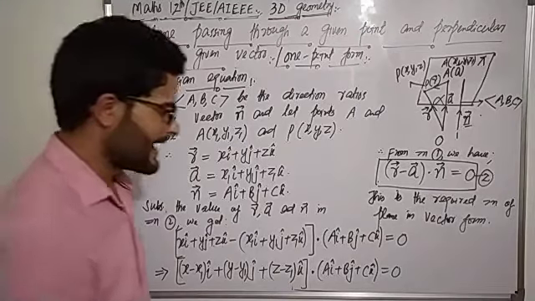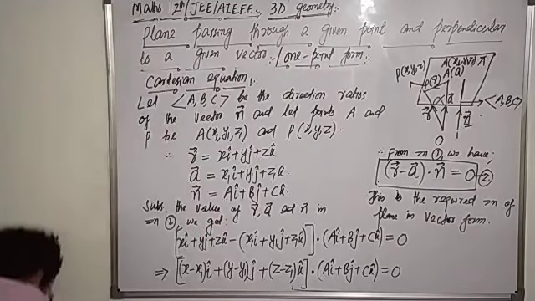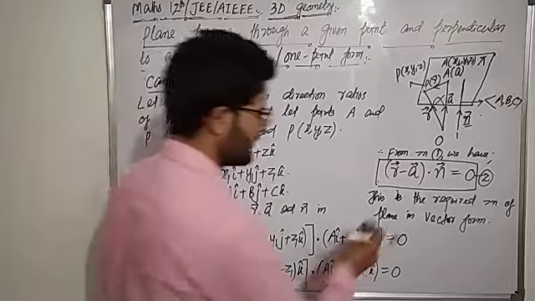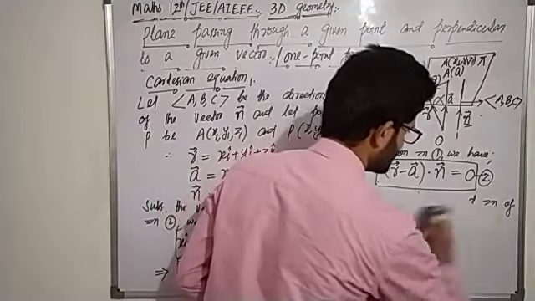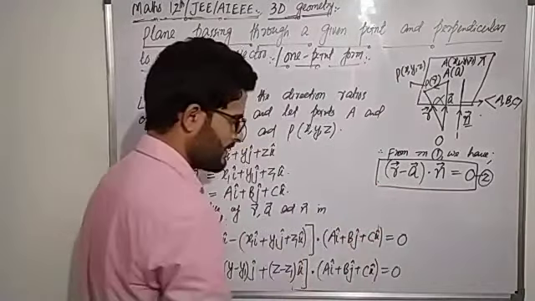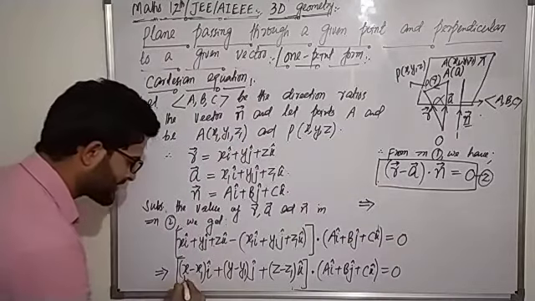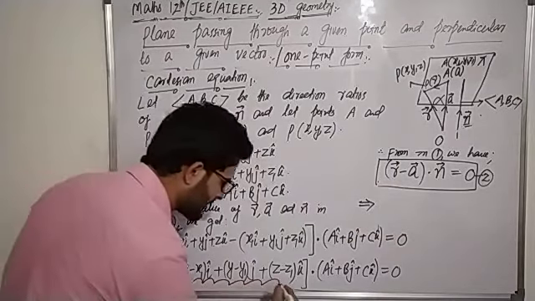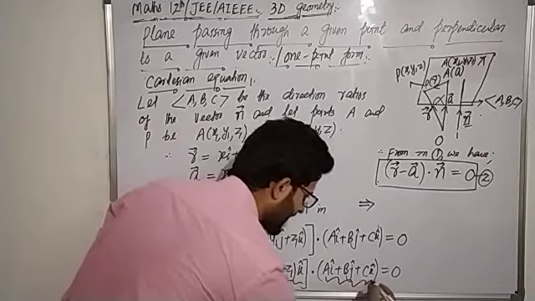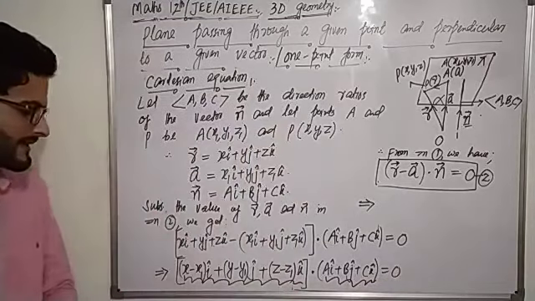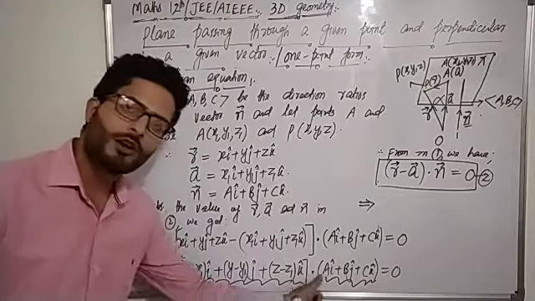This can be further written as, this further implies that now you have a vector which is expressed in terms of components and another vector again expressed in terms of components, and you need to find their dot product.